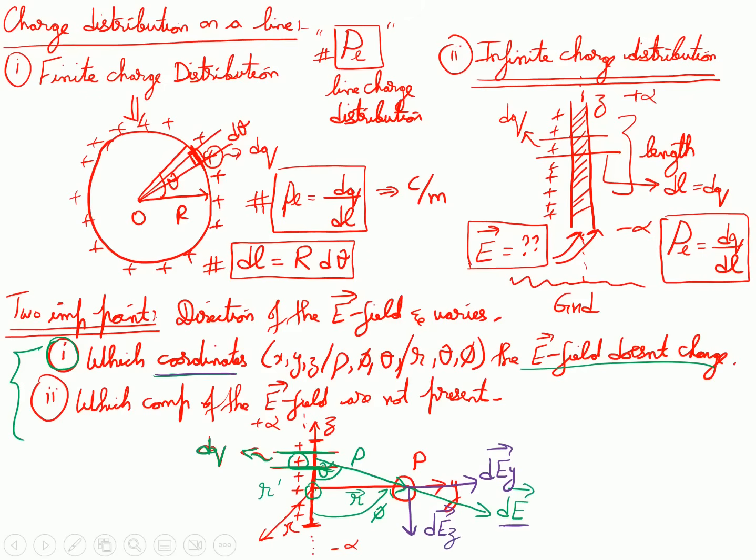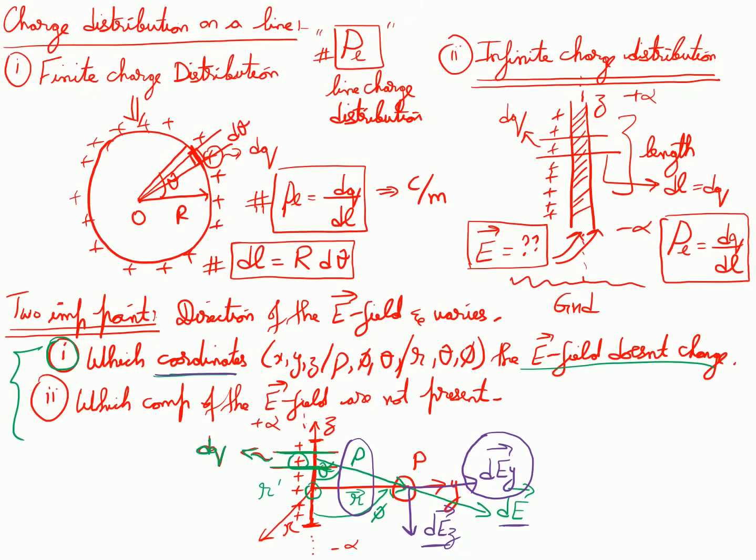So in terms of symmetry, you can already see that the dE value is not going to change because it is along the radial point. If we consider this r equal to rho, because this is also the radius, the component that is going to be cancelled out is dE of z.